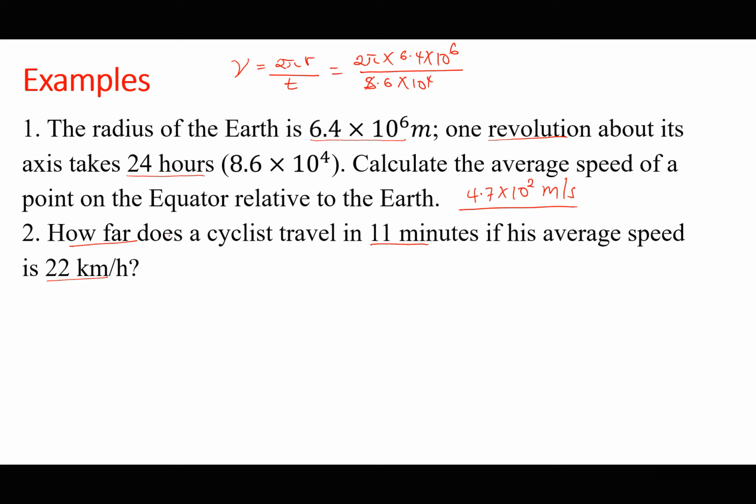So distance will be the average speed times the time. The average speed is 22 kilometers per hour, so I have to change it to meters per second. That is 22 times 1,000 divided by 3,600 to change it to meters per second. Then times the time, which is 11.